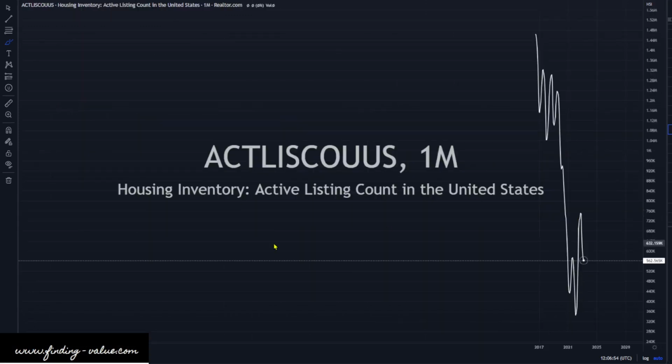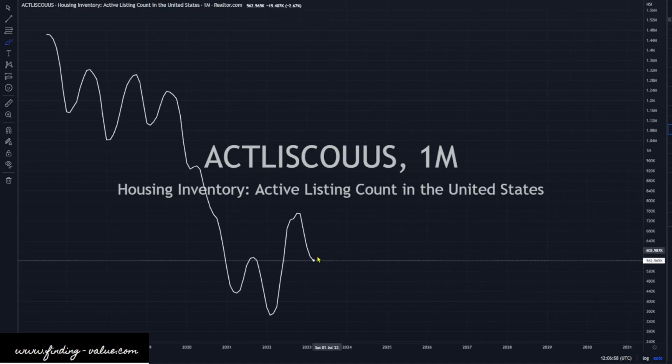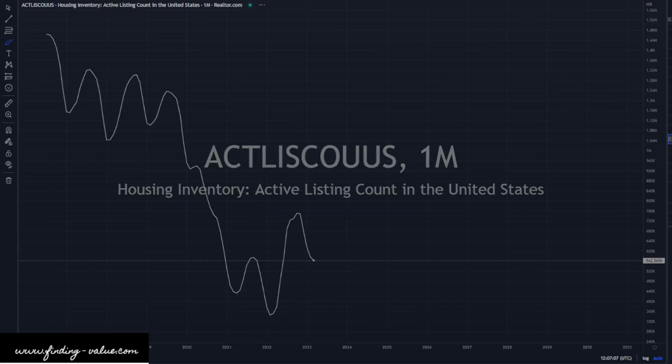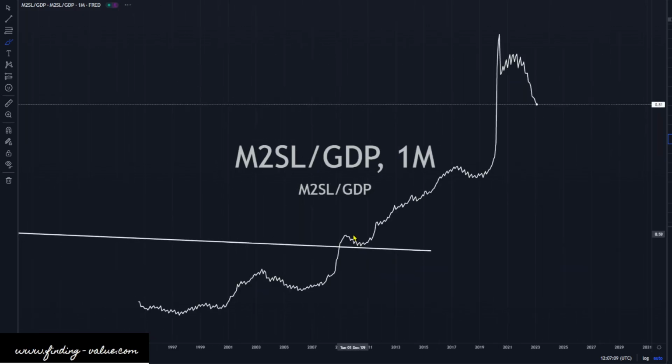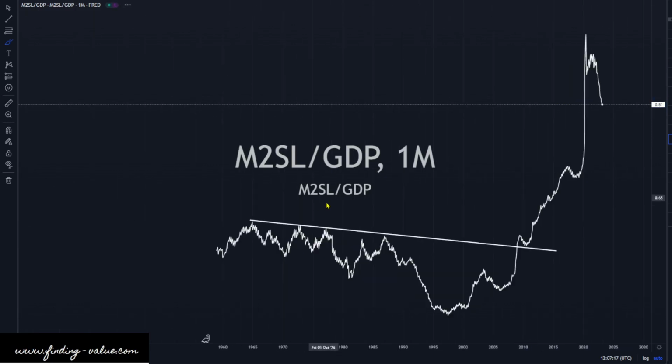We've got active listings still incredibly low for real estate. That's less than 2 months. Incredibly low. We've got the M2 money supply versus GDP, and we can see that this has been falling ever since 2020, since they created all that money.